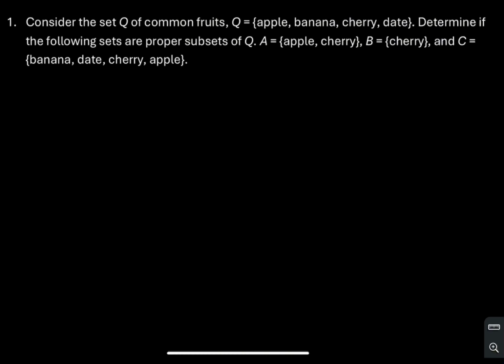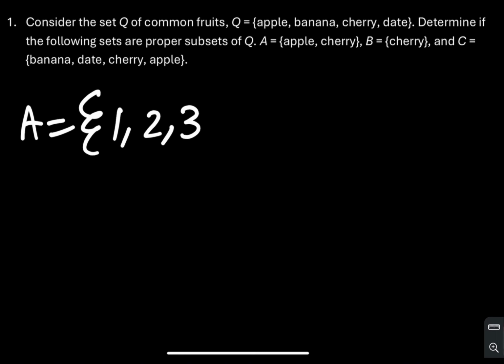Now a proper subset is a little different from a subset. It follows that same definition of a subset, except it cannot equal the exact number of elements in the set it's referring to. So let's say we have set A. It has the elements 1, 2, and 3. So a proper subset cannot have exactly 1, 2, and 3 in it.